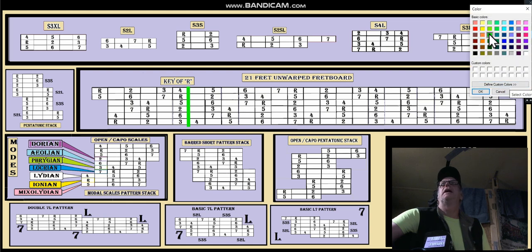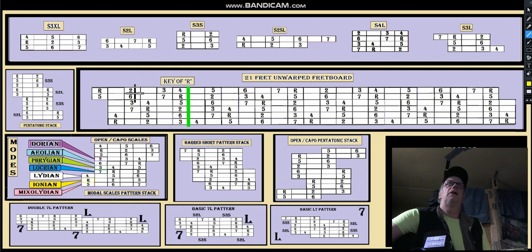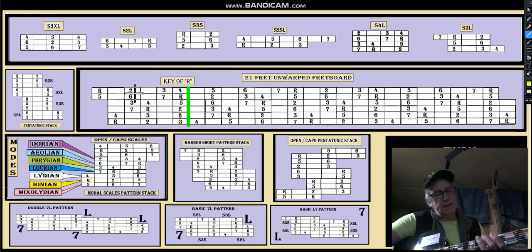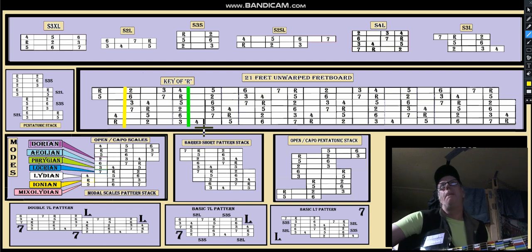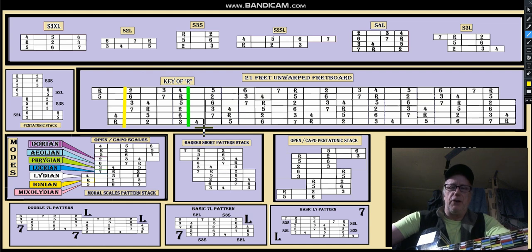If I was to change the color, because the color of my C is yellow. So we're getting into another area here where we shouldn't be, because that's the subject of another chart. So we'd have to fish out that chart.